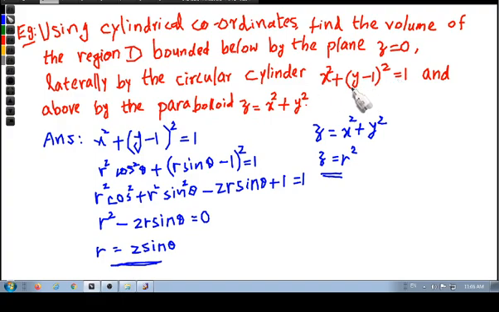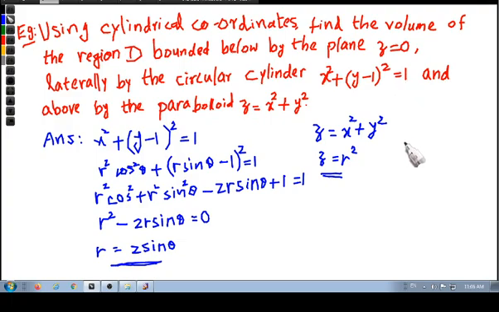So when z is equal to 0, you have a circle with the center 0, 1, 0. And when z is equal to 1, you have a circle with the center 0, 1, 1. When z equal to minus 1, you have a circle with center 0, 1, minus 1 and so on.